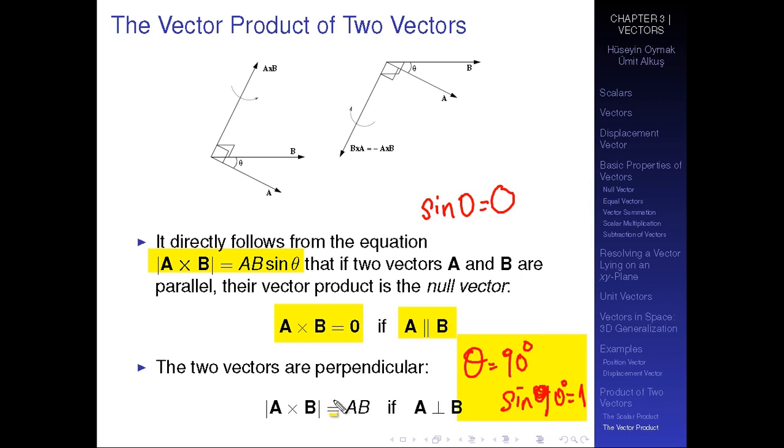We mathematically show this as magnitude of A cross B equals A times B if vector A perpendicular to vector B. So, we have looked at the definition of the vector product of two vectors and some cases where the angle between them varies. Then, let's move on to some additional properties of them.